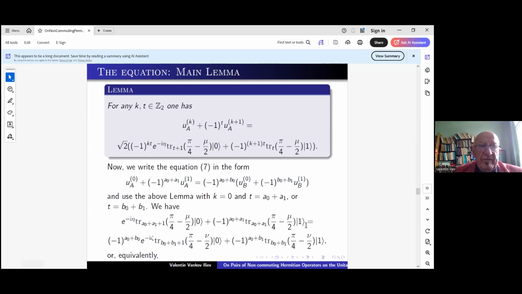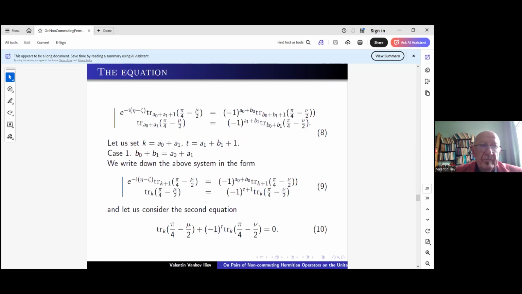Using the above lemma, it is equivalent to the following two equations, this system of two equations. And we consider two cases: when b0 plus b1 is a0 plus a1, and when b0 plus b1 is 1 plus a0 plus a1. Remember that those are members of Z2.